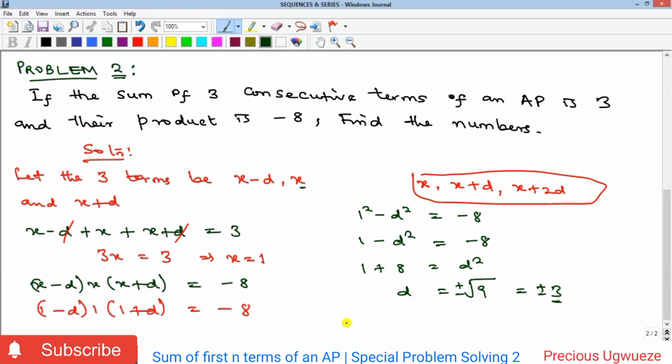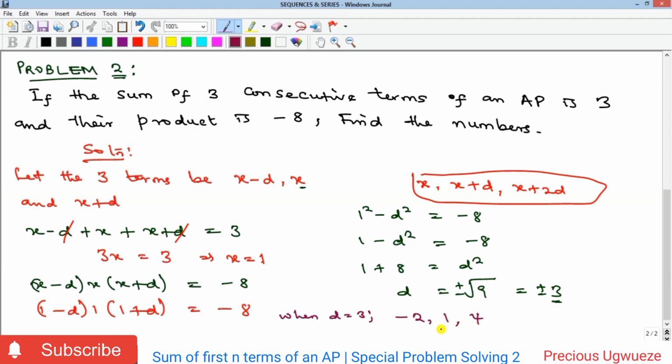So there are two values for d. And so that means our three consecutive numbers are going to be in two different forms. So what are they now? The first is when d is 3. It means that the three consecutive numbers are x minus 3, which is 1 minus 3, and that's going to give us -2, then 1, and then x plus 3, which is 4.